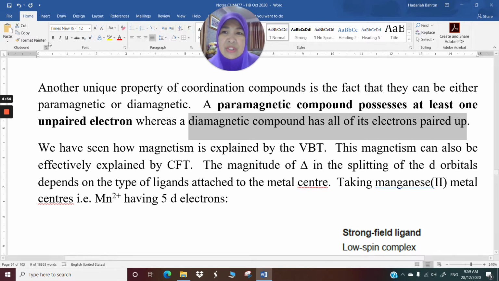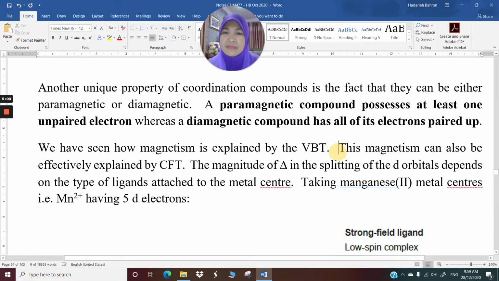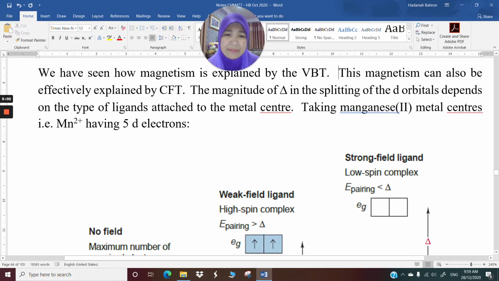All the electrons in diamagnetic compounds will be paired up. We have seen how magnetism was explained through valence bond theory, and this can also be effectively explained through crystal field theory.